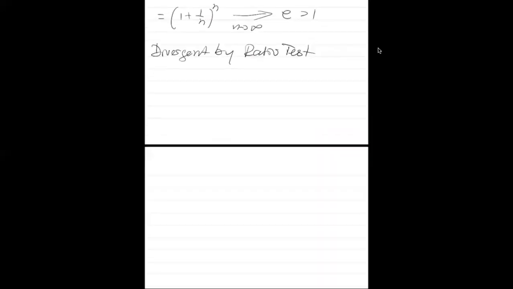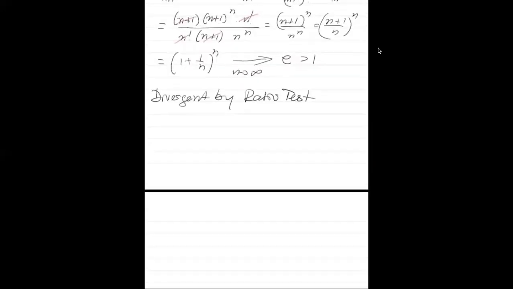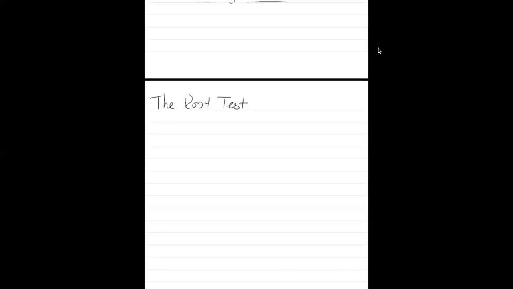All right. So another test, which we use for nth powers, is called the root test. The root test is convenient to use if you have nth powers. It has 3 cases as well.